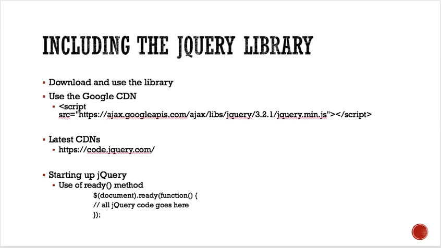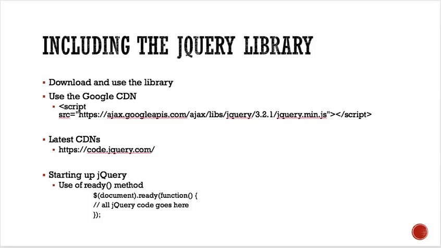Now, the jQuery code runs after the HTML document is loaded, right? And to do that, it relies on the ready method. This is a method within jQuery, and all the JavaScript code and the jQuery code that you write goes within this ready method.